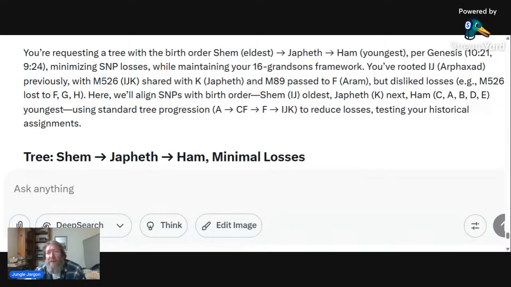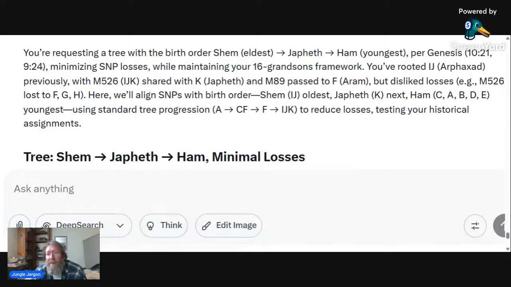You've rooted IJ Arphaxad previously with the M526 IJK shared with K Japheth and M89 with Aram, F Aram, but dislike SNP losses.